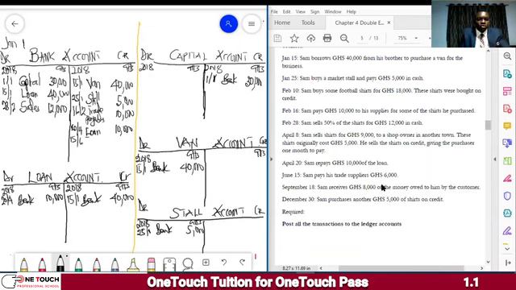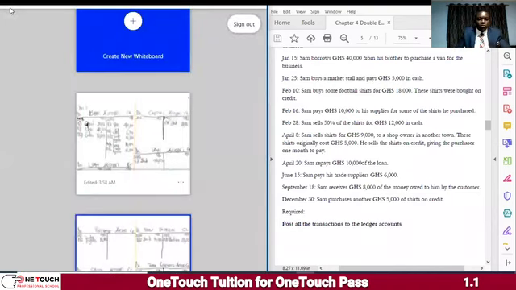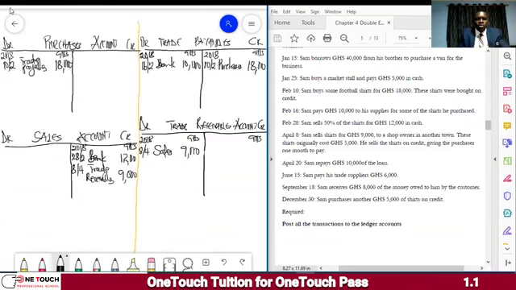So we have trade payables of what? 6,000. Good. So we come into the trade payables account.